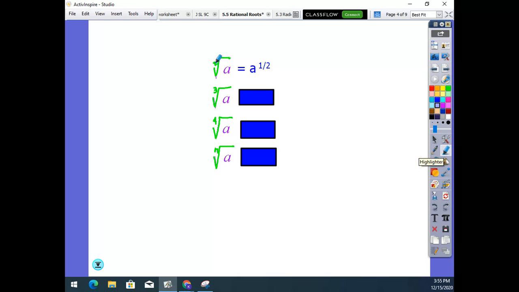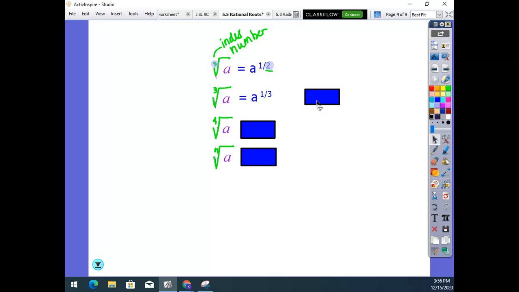So when I rewrote this without the radical, where did the 2 move? To the denominator. We actually call this the index number. That moves to the denominator. So the cube root, if we rewrite without the radical, is a to the 1/3. The fourth root, rewritten as an exponent, a to the 1/4.